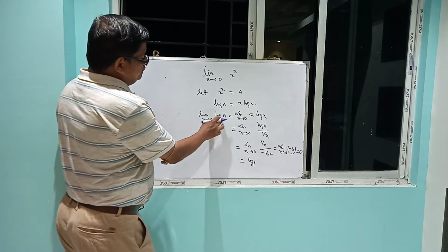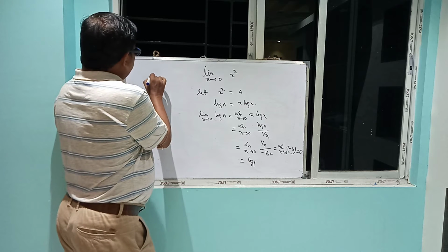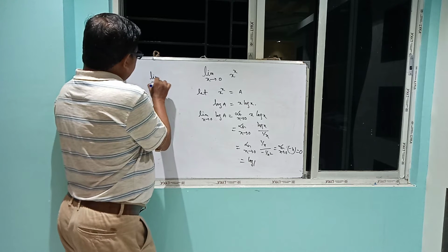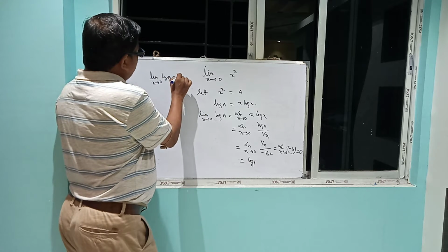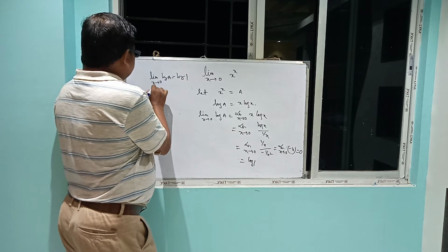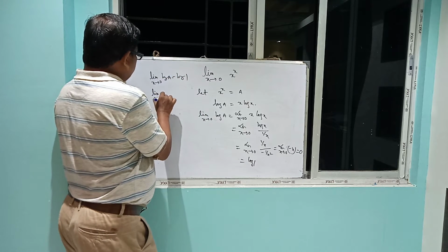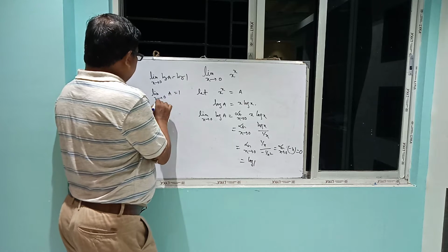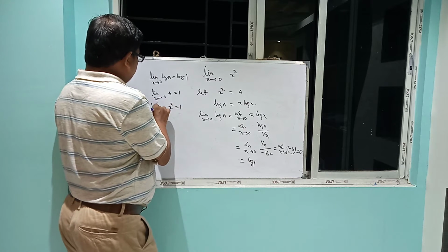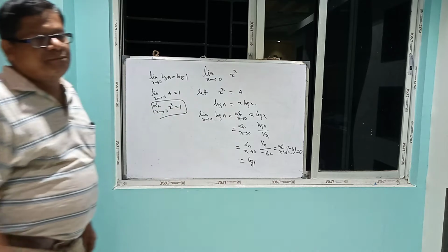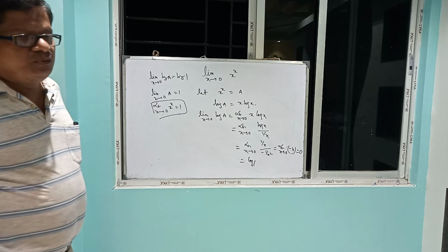Now a is there. So limit x tends to 0, log a equals log 1. So write limit x tends to 0, a equals 1. That is, limit x tends to 0, x to the power x equals 1. The value is 1.